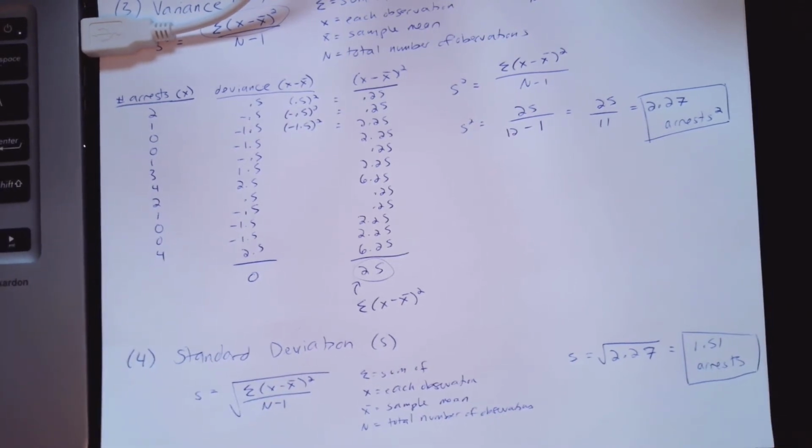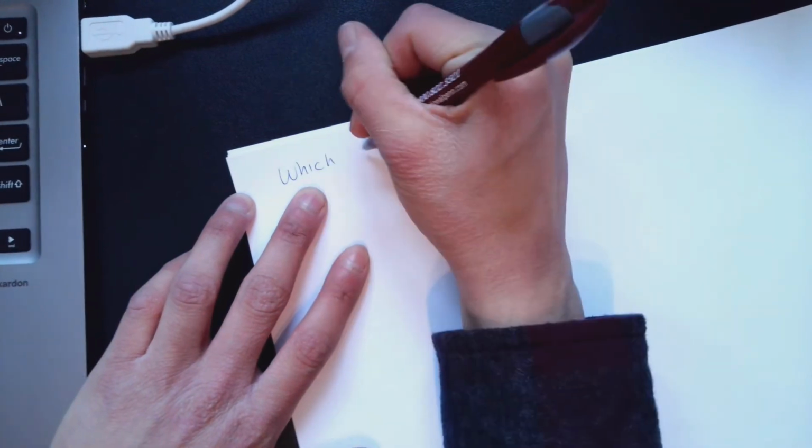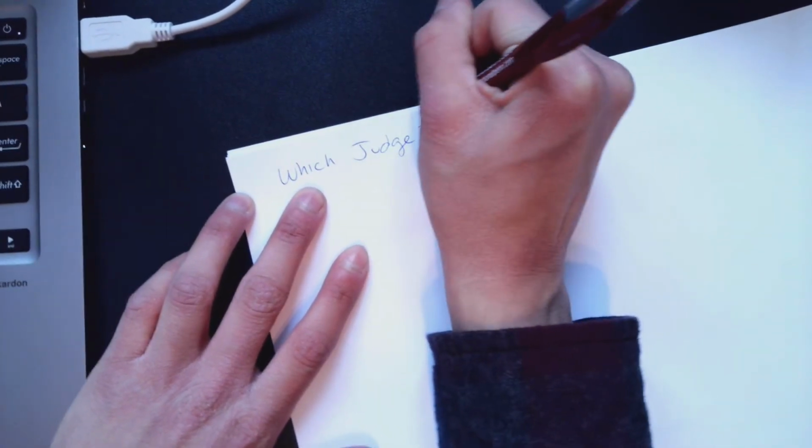And specifically, what we're going to do is go through some data with fictional judges. And so this is the example that I call the witch judge example.